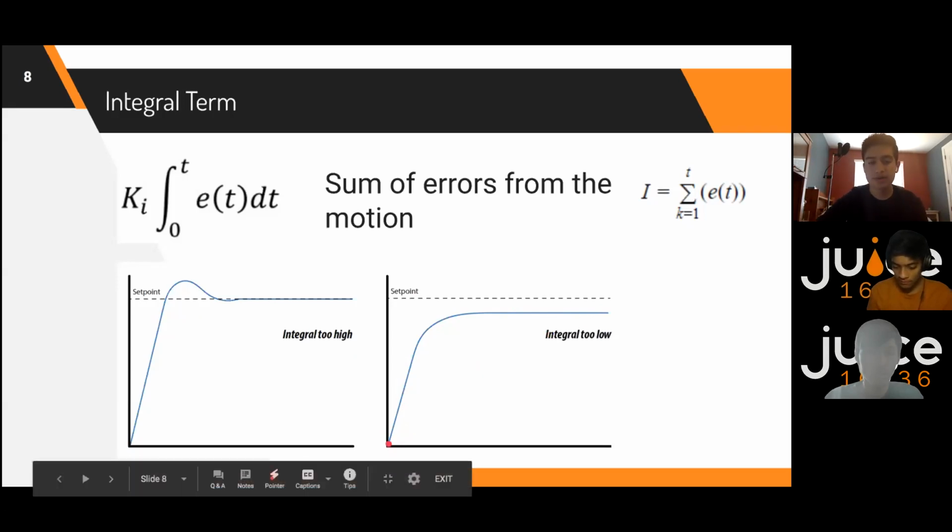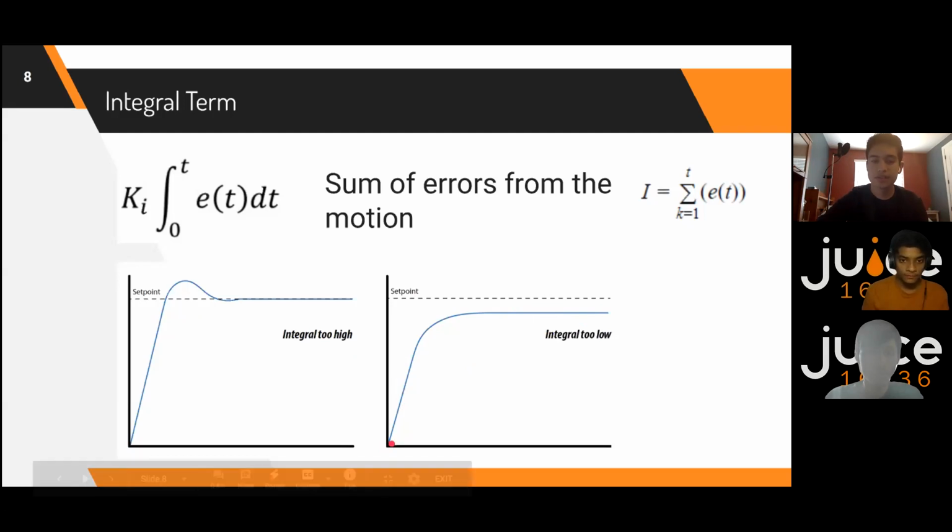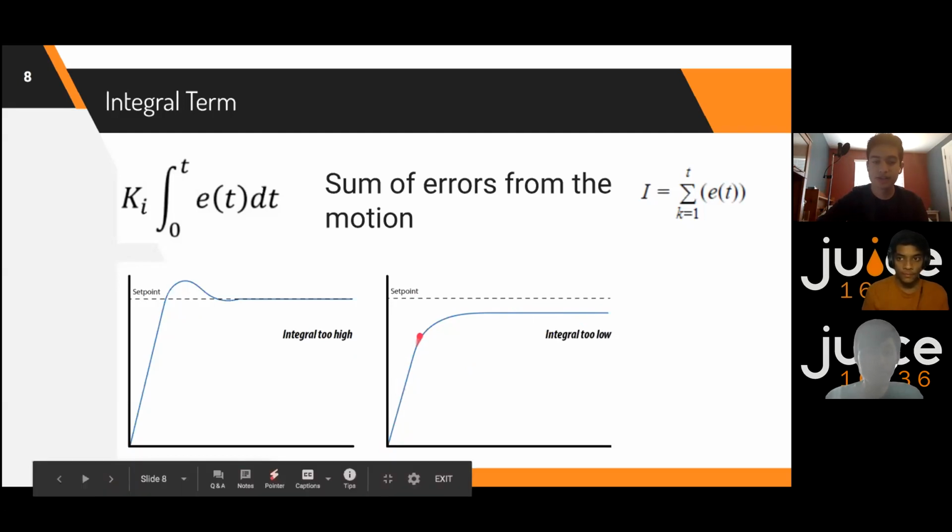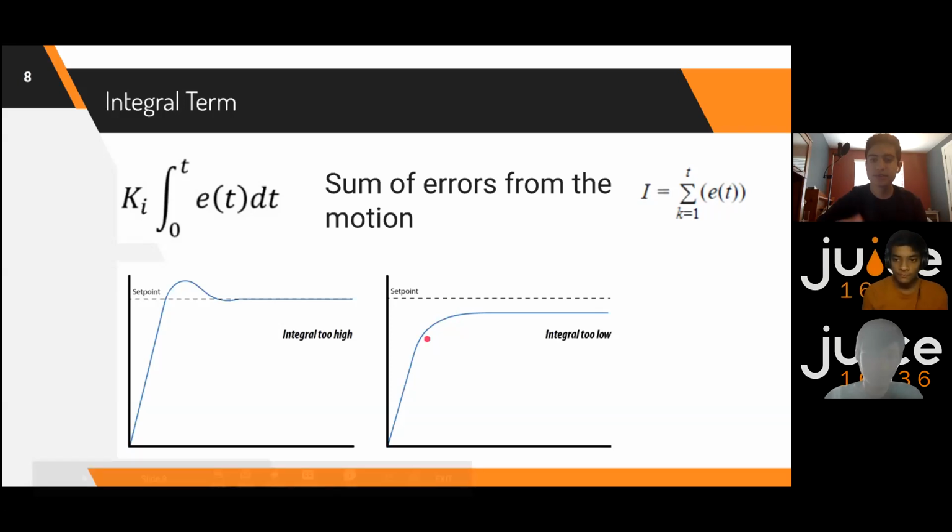A proper integral tune would be that you move forward, and then around this area where we're starting to flatten out, the integral portion has built up enough that it kicks in and pushes you to the target value or just a bit above. I think that's the best tune for the integral portion.